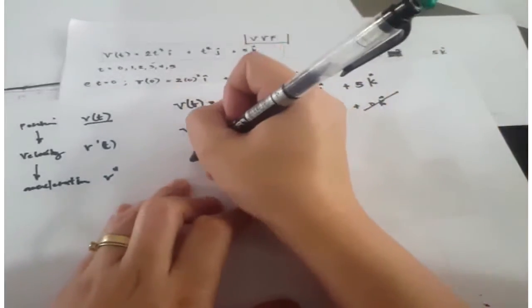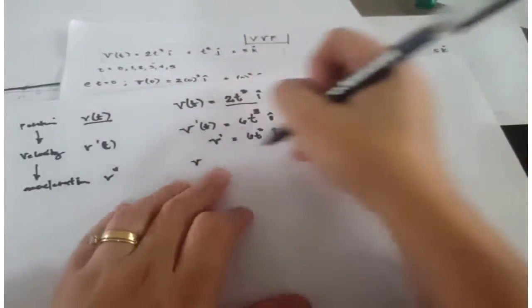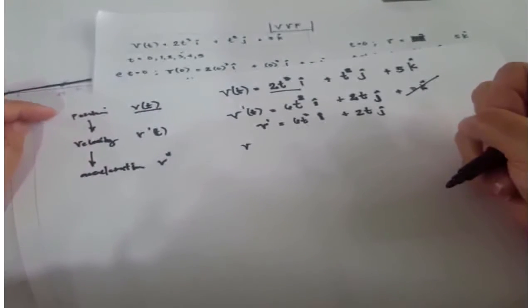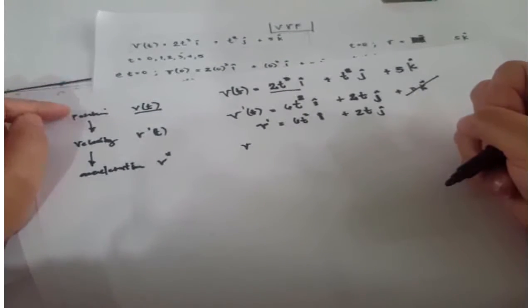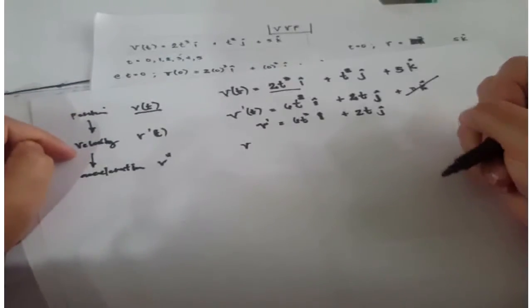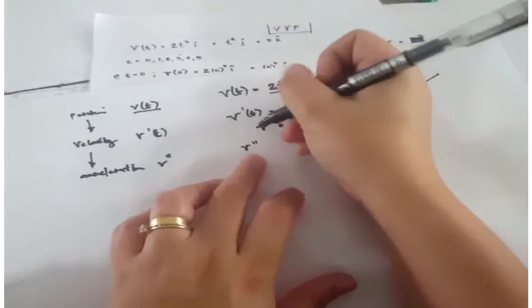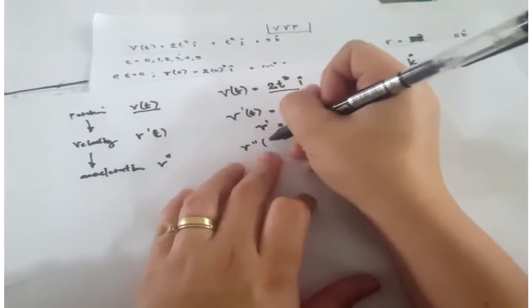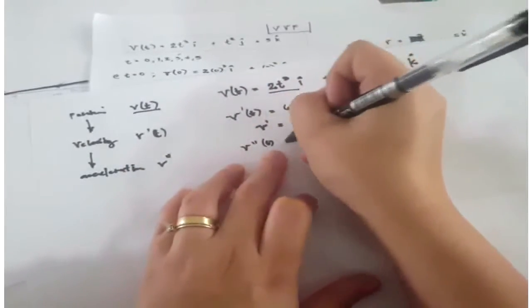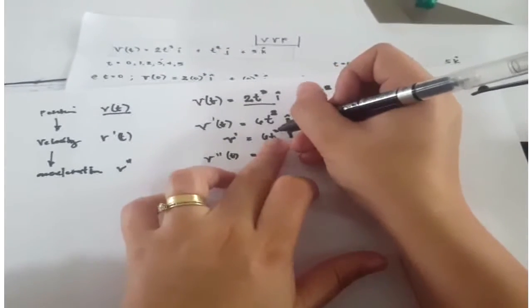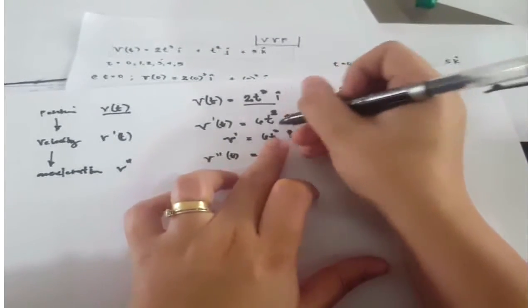Okay. So once again, to determine our acceleration, let's just simply take the derivative of our velocity here. So v double prime, we have, what's this? 2?